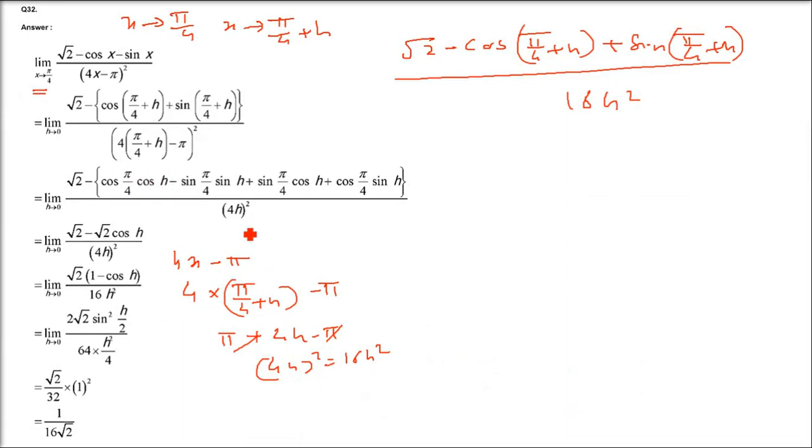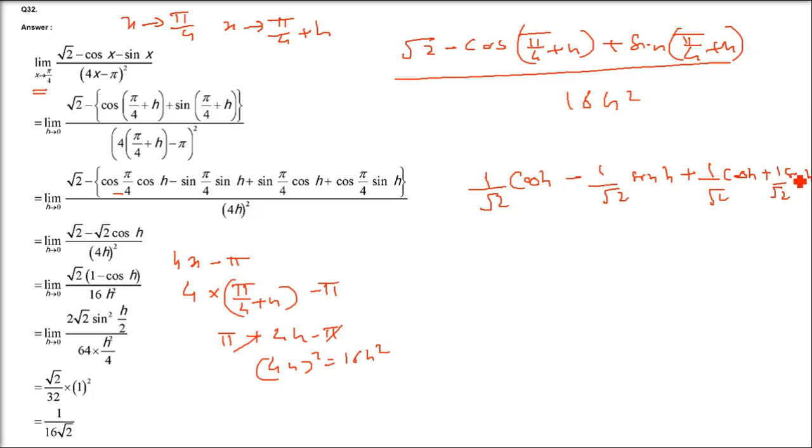Wherever you see cos pi by 4 or sin pi by 4, just replace it by 1 by root 2, because pi by 4 is 45 degree. I am taking the bracket one: 1 by root 2 cos h minus 1 by root 2 sin h. And then you have 1 by root 2 cos h plus 1 by root 2 sin h.